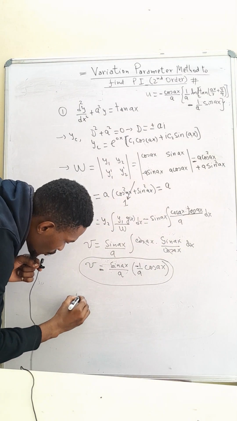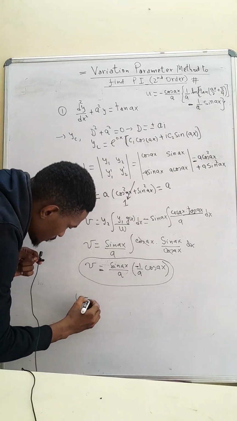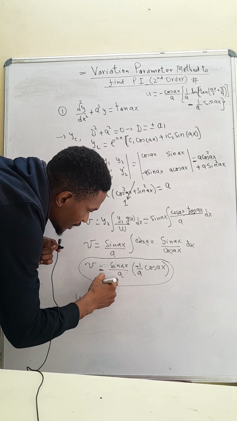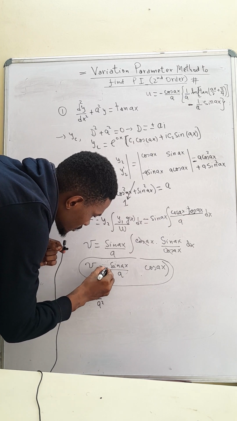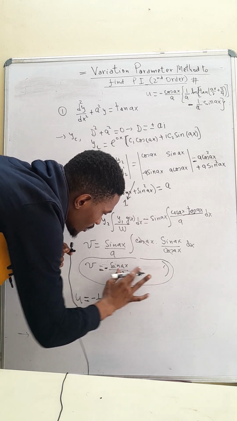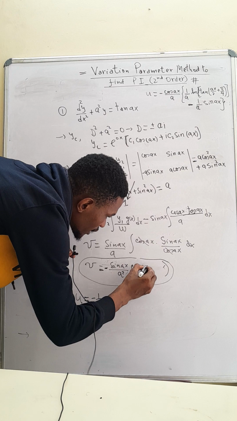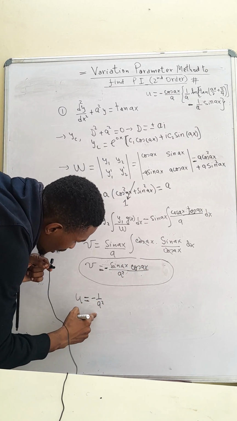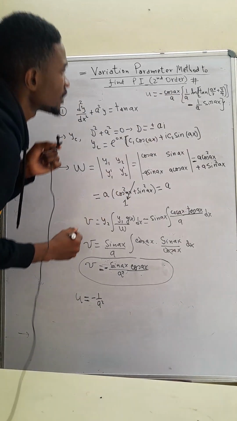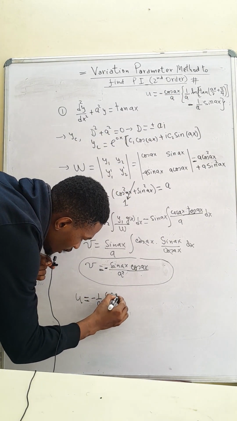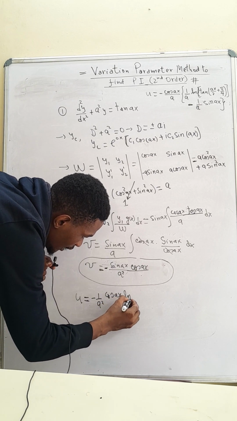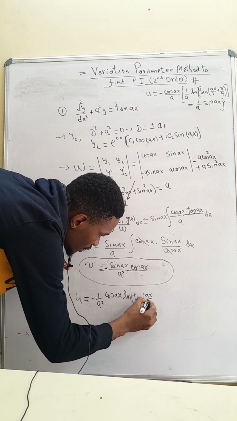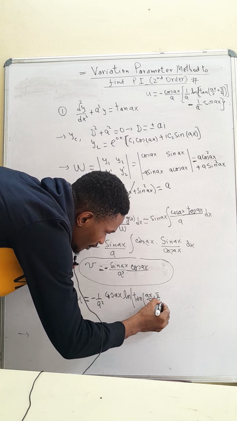And u is equal to what? Let me write u. u is minus 1 upon a square. This and this will be also minus a square. And here, cos ax. Okay, 1 upon a square, then you get cos of ax ln of tan of ax upon 2 plus pi by 4.